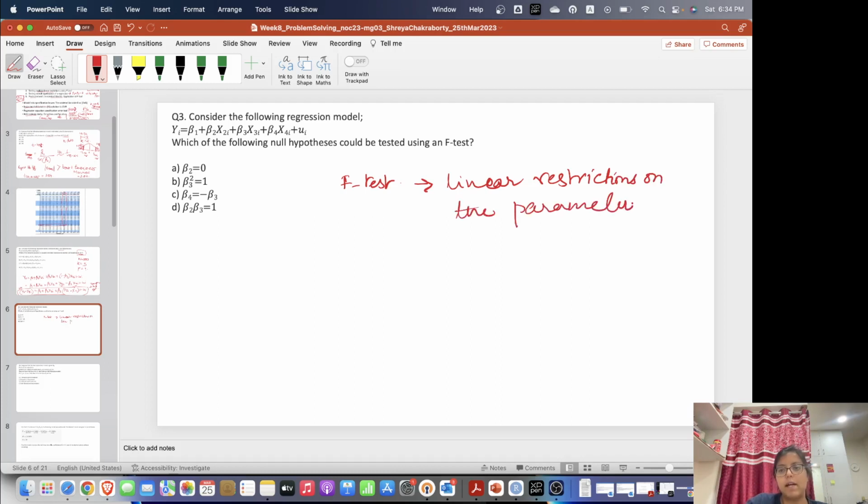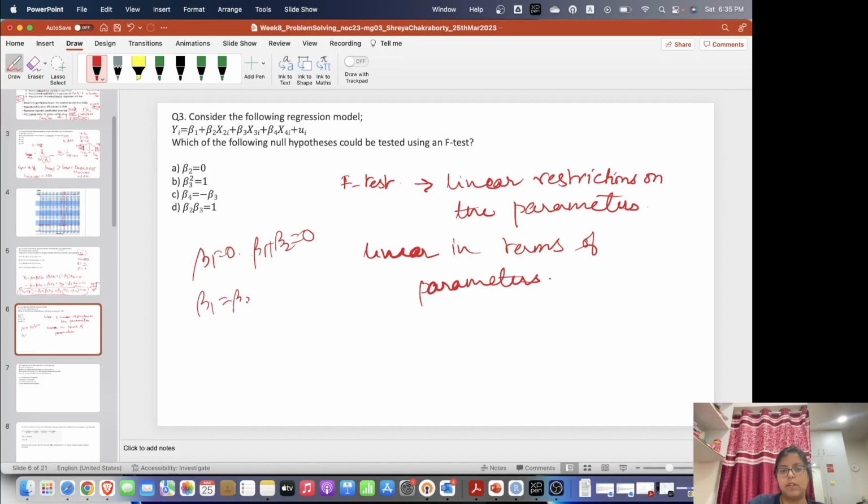What I mean by linear restrictions is that all of these tests that we have done were linear in terms of parameters. So we always did beta 1 equal to 0, beta 1 plus beta 2 equal to 0, beta 1 equal to beta 3 equal to beta 4 equal to 0, something like this.